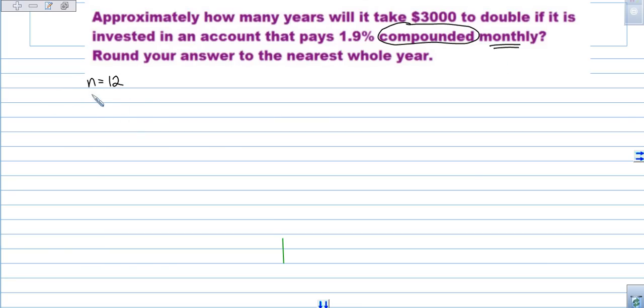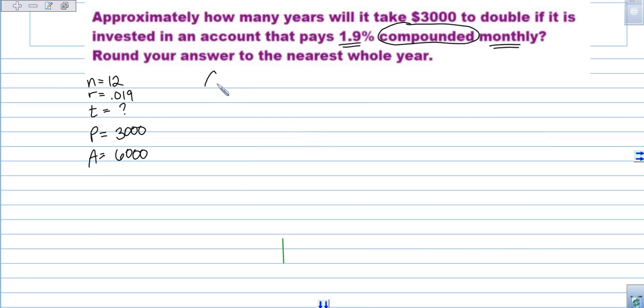Our rate is 0.019, and then we want it to double. So our principal is 3,000, and we want it to double, which makes it 6,000, and then we want to know how long will that happen, so our T is unknown.